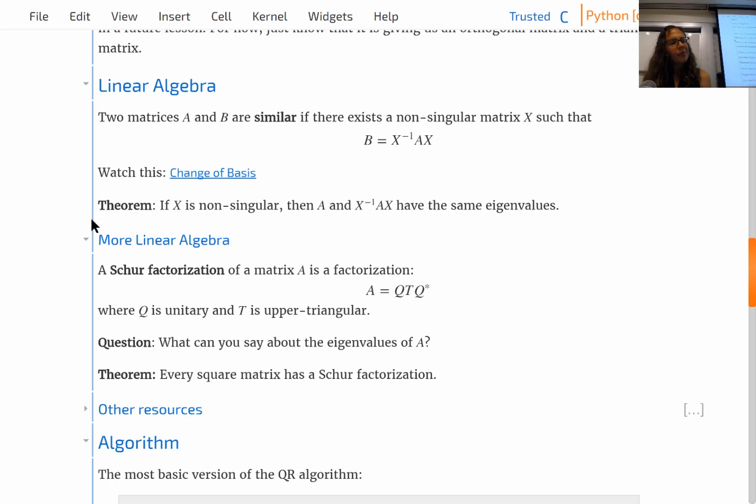So there's a theorem that A and X inverse A X have the same eigenvalues. This is going to turn out to be useful: A and B have the same eigenvalues if they're related this way.